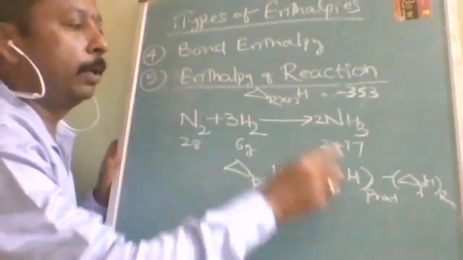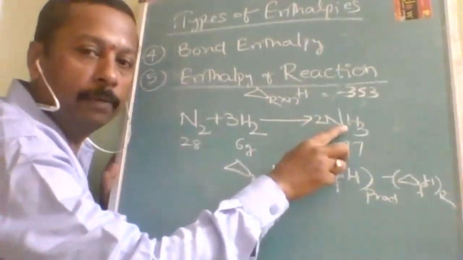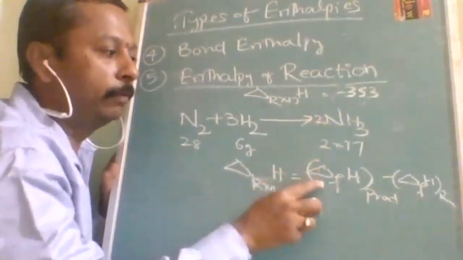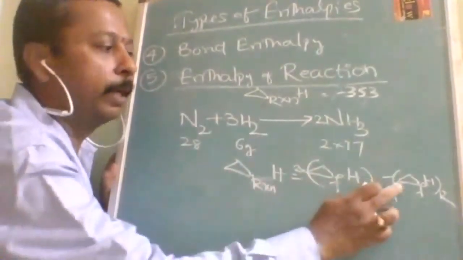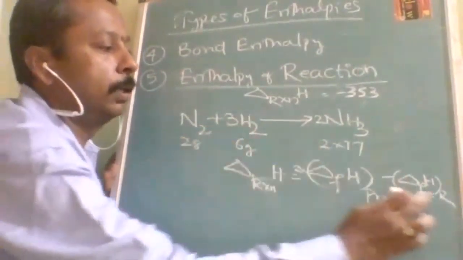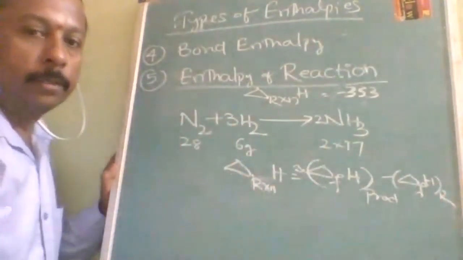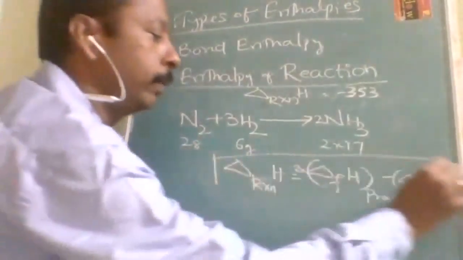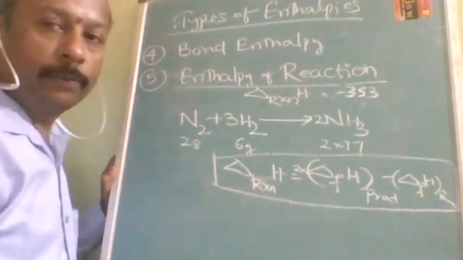One more thing: enthalpy of formation is only for 1 mole, but here we are forming 2 moles, so 2 into ammonia here, minus the 2 reactants, with both values written along with the coefficients. So this is the relation between enthalpy of reaction and enthalpy of formation.